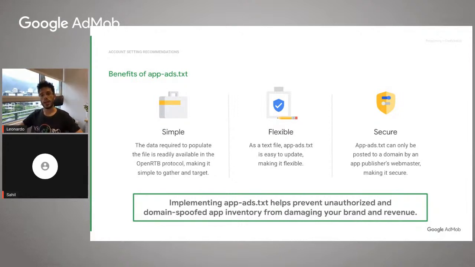As a text file, app-ads.txt is easy to update, making it very flexible. The data required to populate the file is readily available in the OpenRTB protocol, making it simple to gather and target.